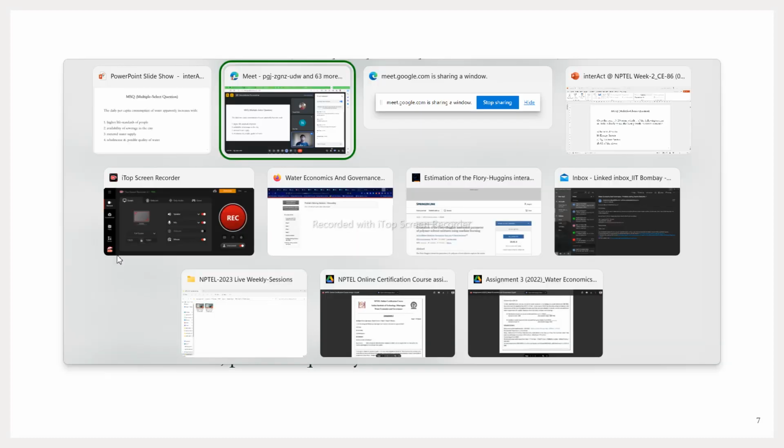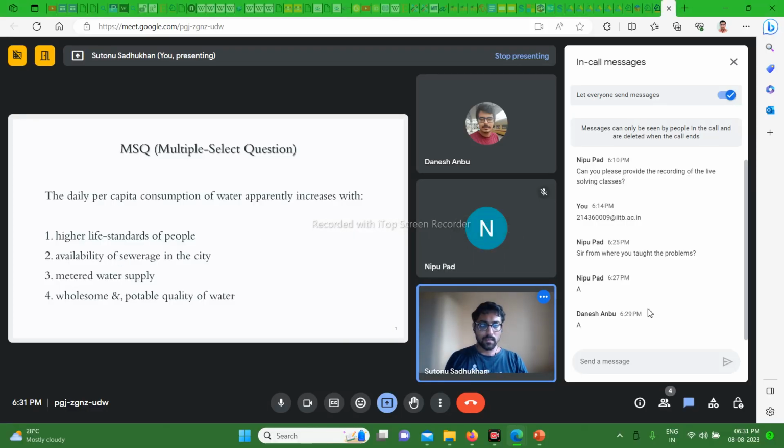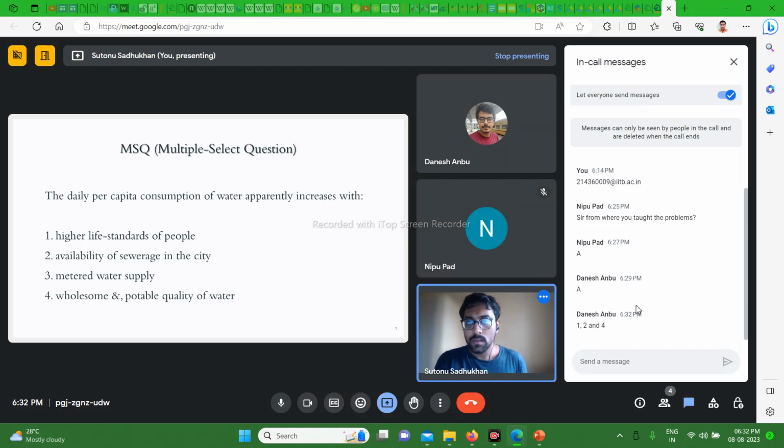So let's see what people are answering. You can type your response in the chat box. If you have a doubt, you can unmute yourself or ask questions, or you can also type your doubt in the chat box. Okay, Danesh Anbu has given answer as 1, 2, and 4. Okay, you can read the question.